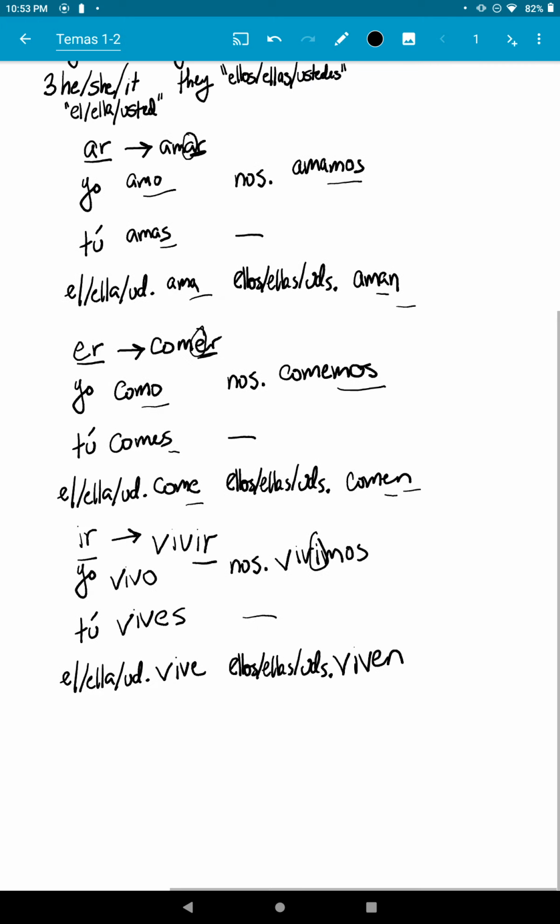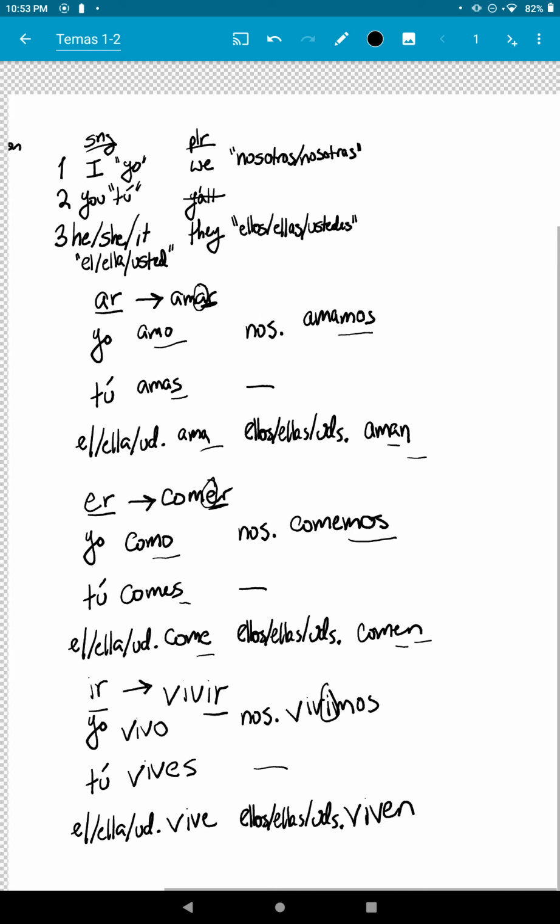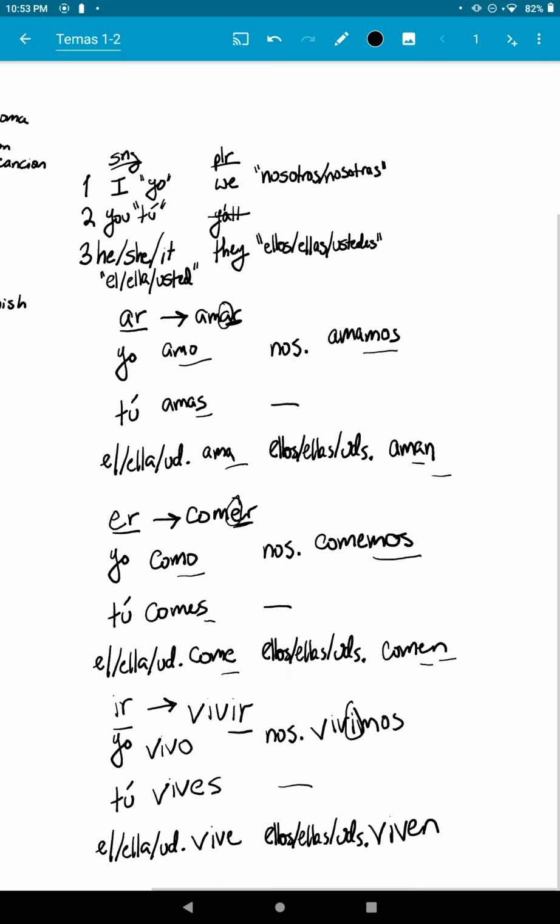I'm going to point toward a pronoun up here, and I just want you to say what it is in Spanish. You, informal. Tú. They, ellos, ellas, yes. You, plural, formal. Ustedes, yeah.